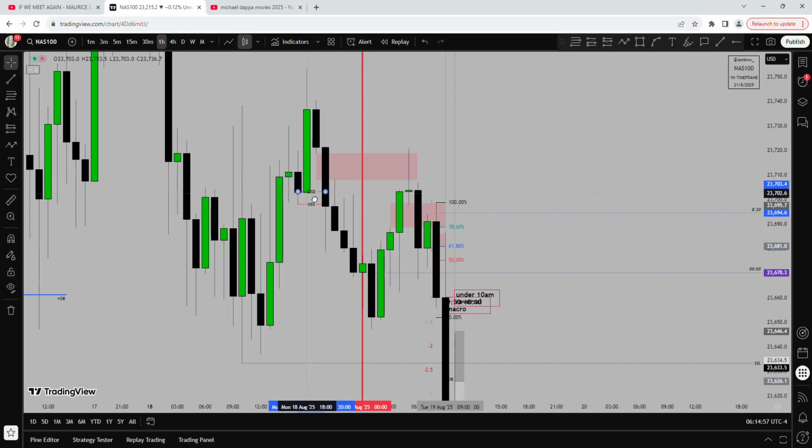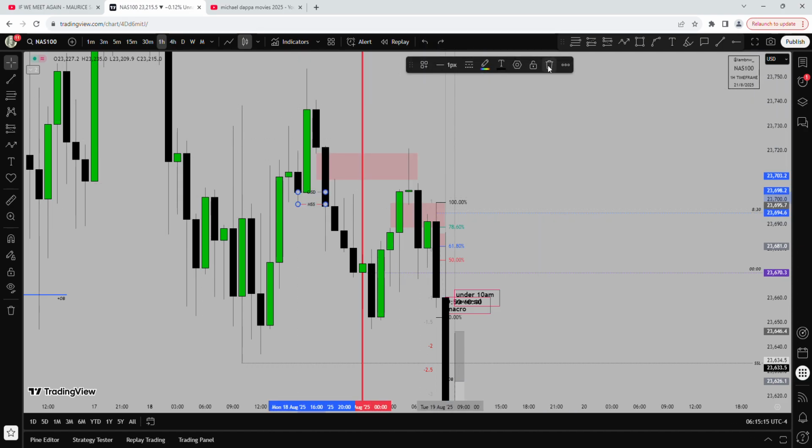First, it was this CISD. Second, it was this market structure shift. Then price traded lower, but then there was this 1 hour FVG that had to be filled, and the right time for it to get filled.